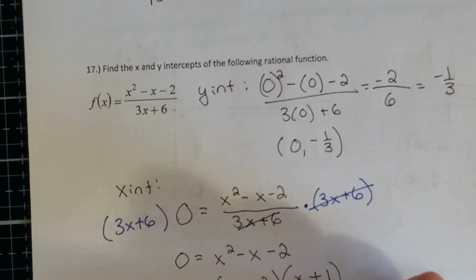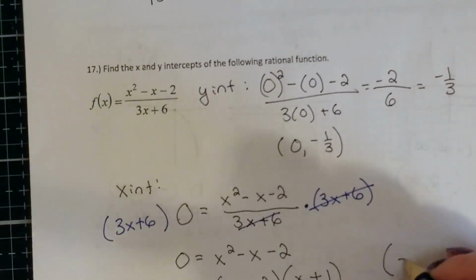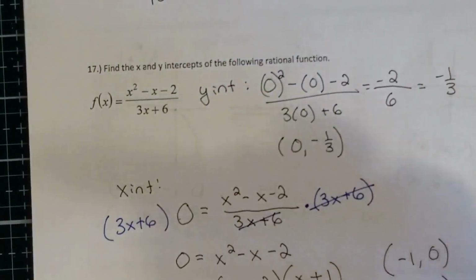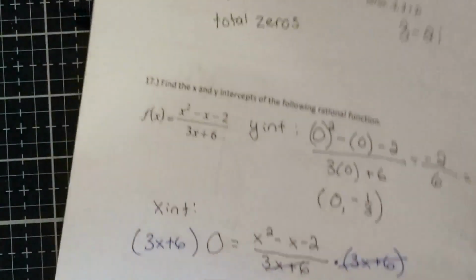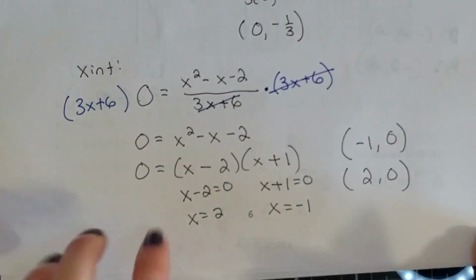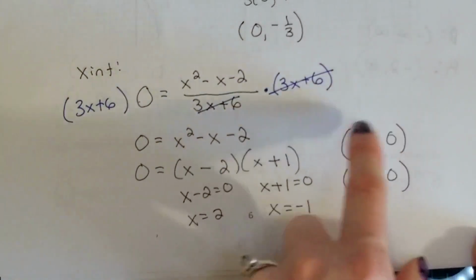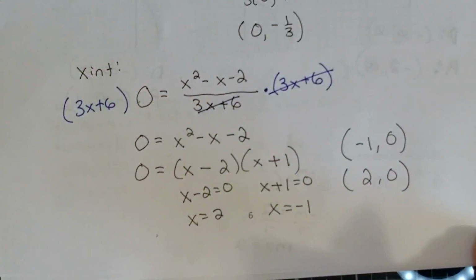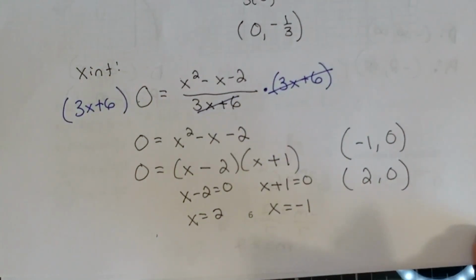And here I know x is negative 1. So that would be -1, 0, and 2, 0. And of course, I can pretty much guarantee you that the opposites of these, with the zeros and the 2 and the -1 flip-flopped, would be wrong answer choices also.